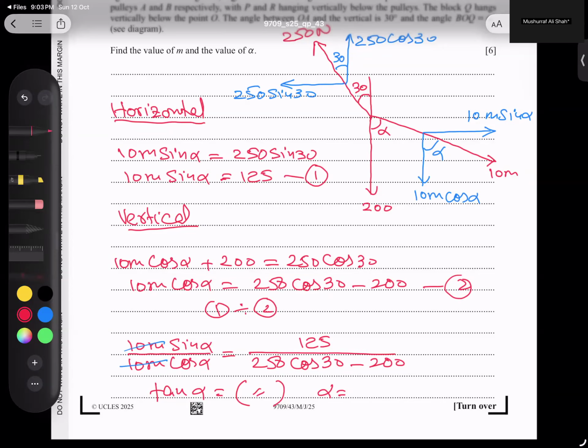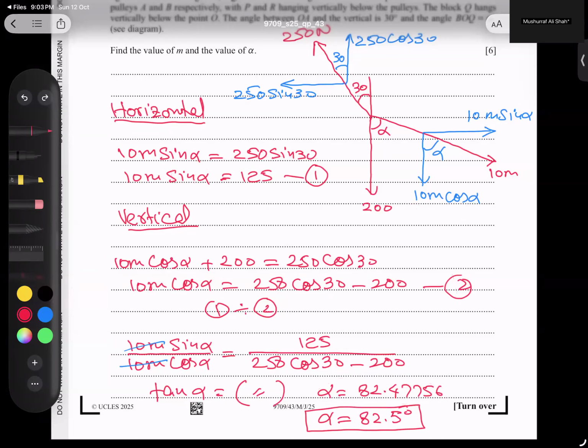So tan inverse, in the numerator we have 125 and down we have 250 times 2 cos 30 minus 200. If I check it in calculator, I'm getting 82.47756. Rounding alpha to 1 dp, I got 82.5 degrees, because angles are always 1 decimal place. Then I plug this value into any one equation.